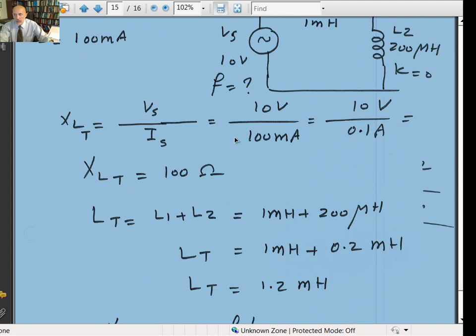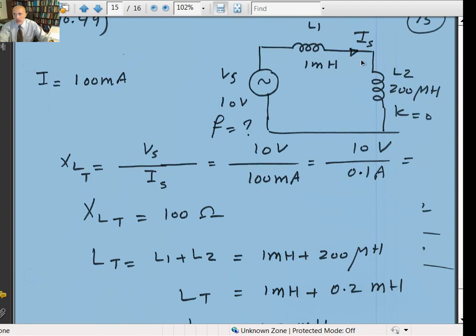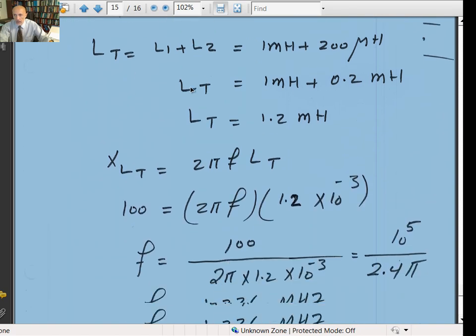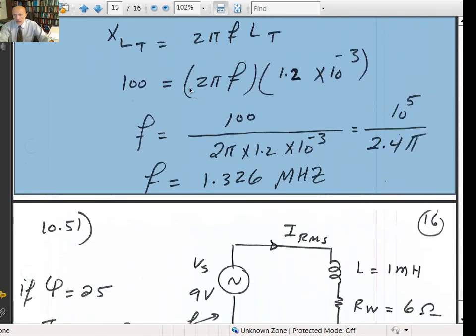If it's extremely high frequency, the inductor acts like an open circuit, and the current is equal to 0. At low frequency, or DC, the inductor acts like a short circuit, and you have a very high current. So as you increase the frequency, the current goes down drastically until at high frequency it acts like an open circuit.